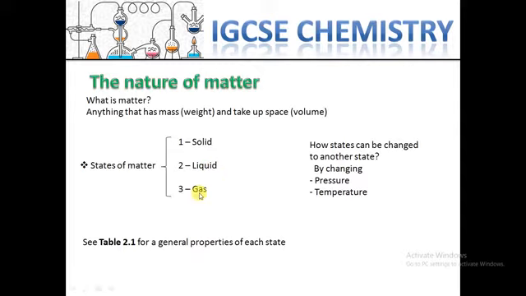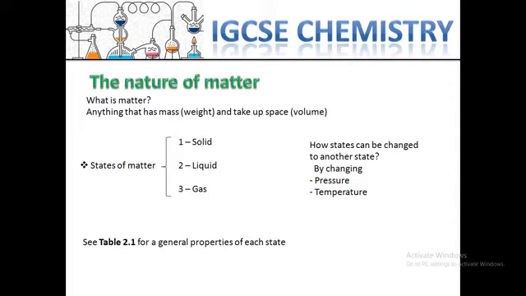The third one is gas, like a spray, like perfume. When you spray a perfume, the perfume changes from liquid to gas form. It produces gas, like carbon dioxide or nitrogen gas.